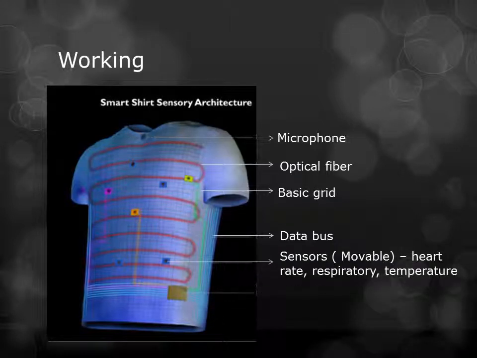You have multiple sensors all across the smart shirt, whether it be a pulse rate monitor or a temperature sensor or a respiratory sensor and so on. Finally, you have your multifunction processor down there, which does most of your processing and also transmits your signals to your base camp when the soldier is wounded. The way it works is that when the soldier is wearing the shirt, if a bullet penetrates him, the optical fiber which is woven into this shirt will break at some point.